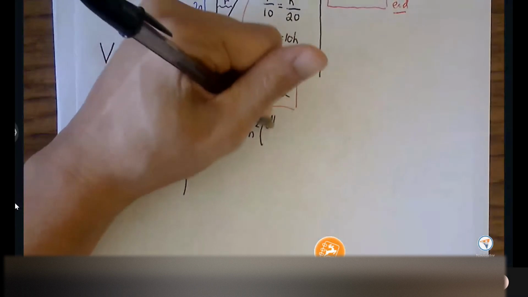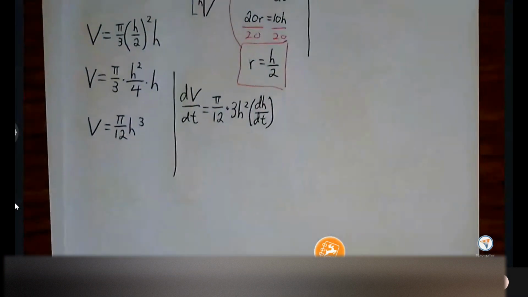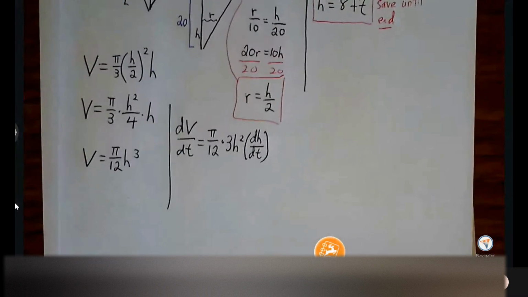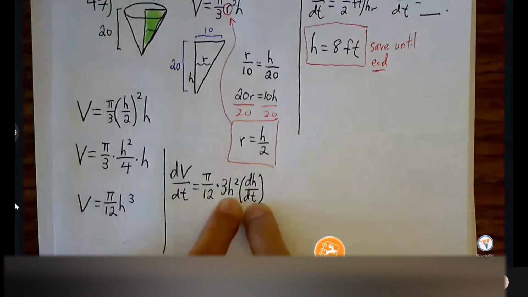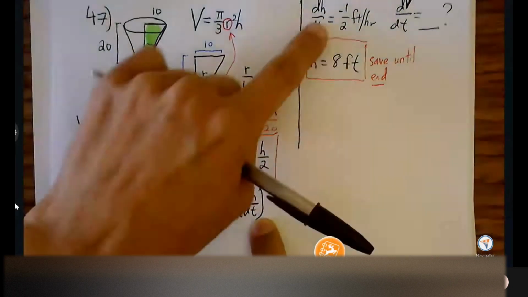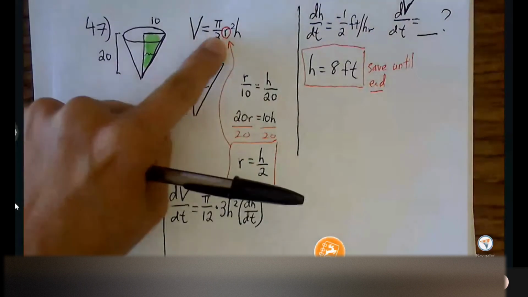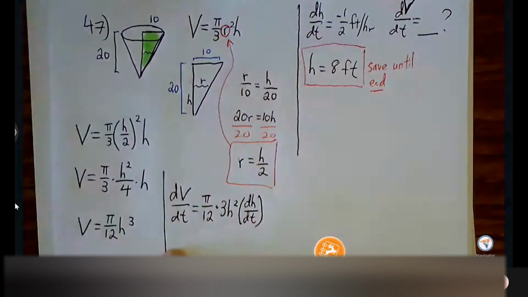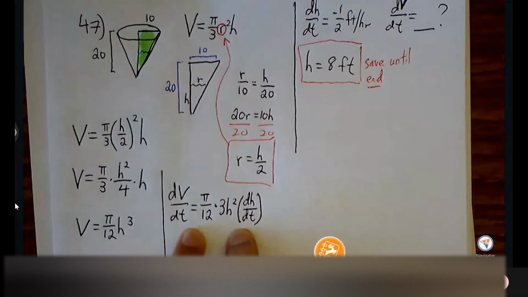Every variable has a time impact. Right, if you look, we have everything that we need, right? H is 8, dH/dt is -1/2, so we planned ahead to allow for a nice transition for what we need.